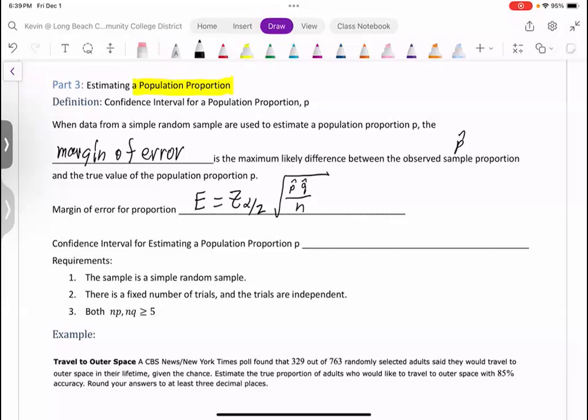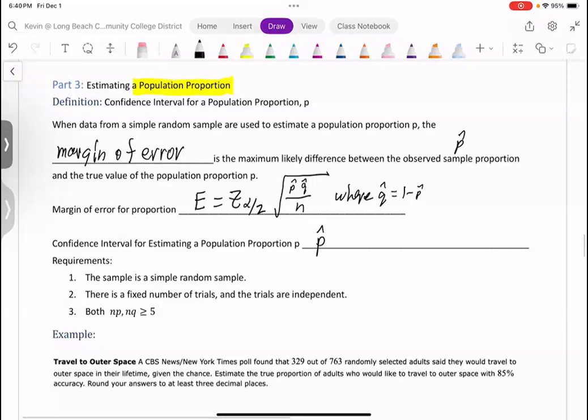And to be clear, q hat is the complement of p hat. So the confidence interval for estimating a population proportion, P, is going to look like this.